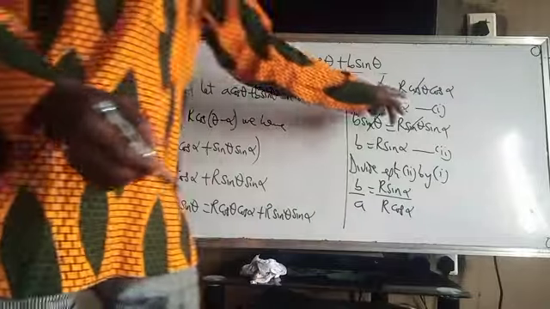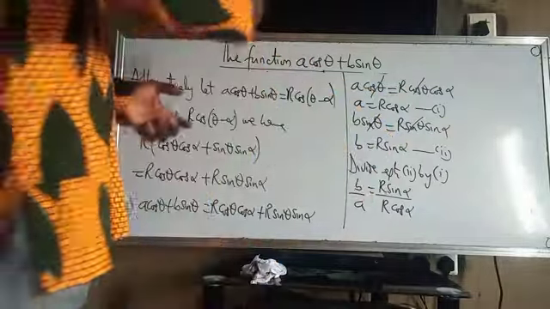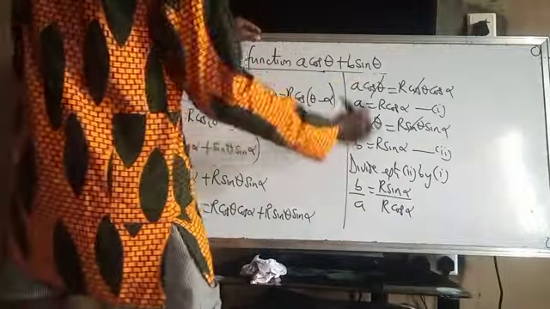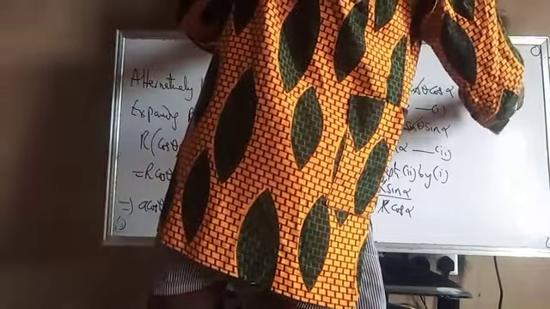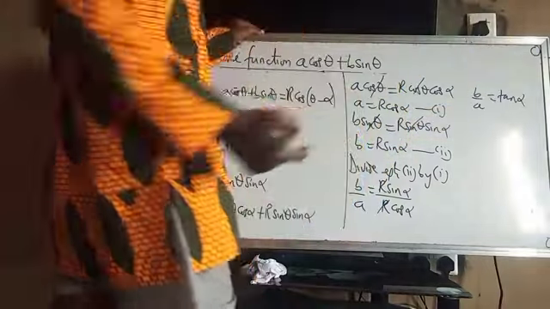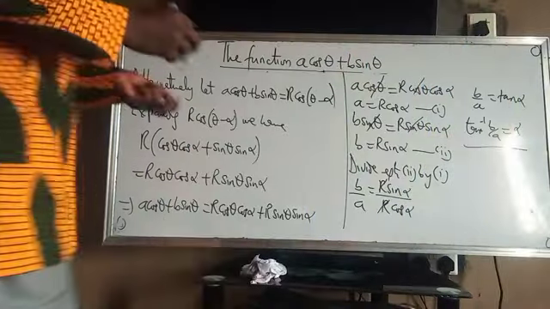I could have done equation 1 divided by 2, but it will eventually give me cot. But I want a version of tan, and tan is sine over cos. So that's why it's b over a. We cancel r out, so I will have b all over a equals tan alpha. So alpha will be tan inverse of b all over a. So I've gotten my alpha there.